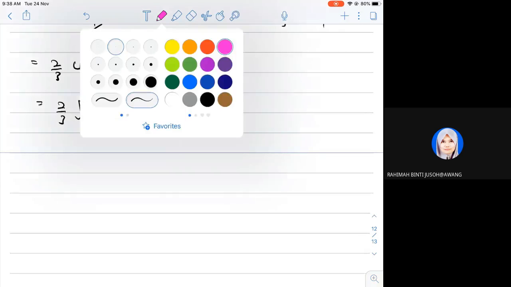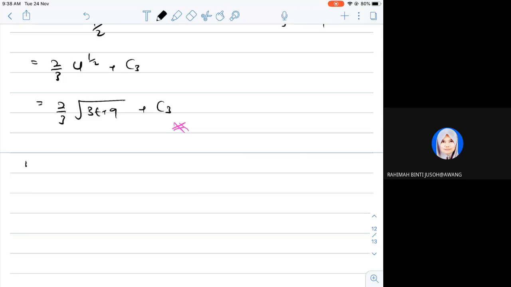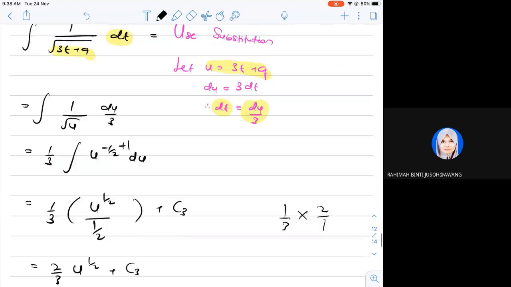Okay, so now, alright guys, r(t) equals to, we have to combine all of these 3 components.